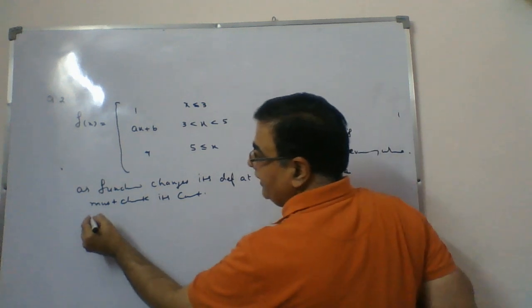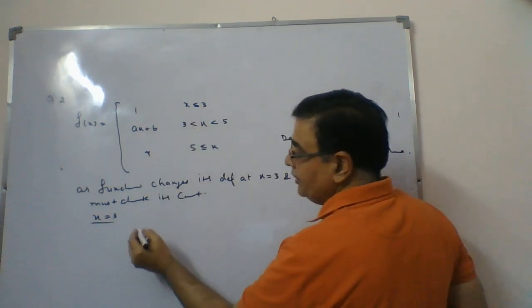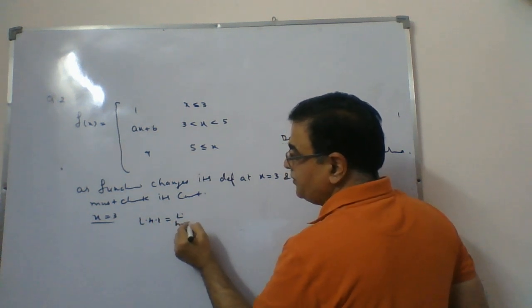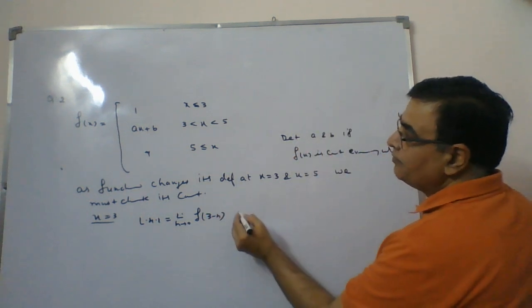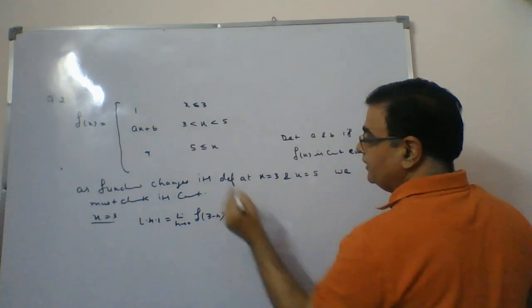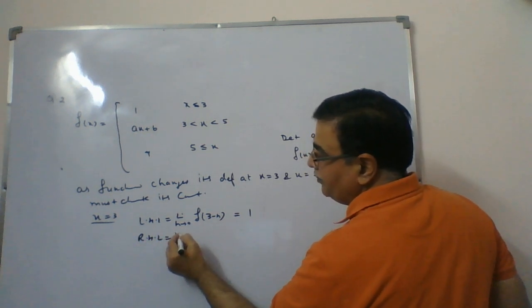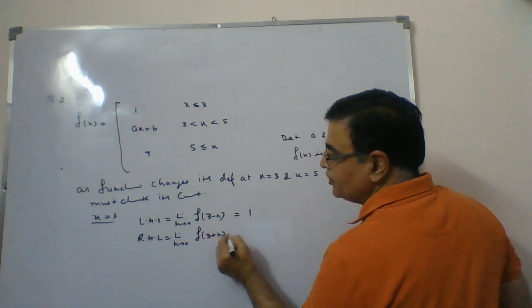So first we'll take x equal to 3. When you take the left hand limit at 3, it is limit h approaches 0, f of 3 minus h. 3 minus h means less than 3, so the result is 1. When you go for the right hand limit, it is limit h approaches 0, f of 3 plus h.